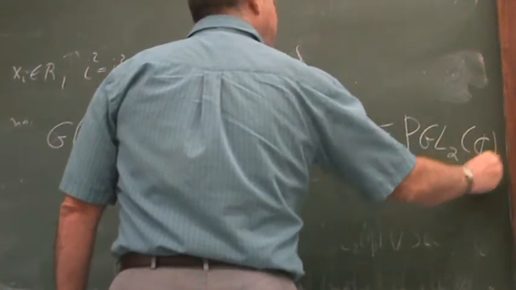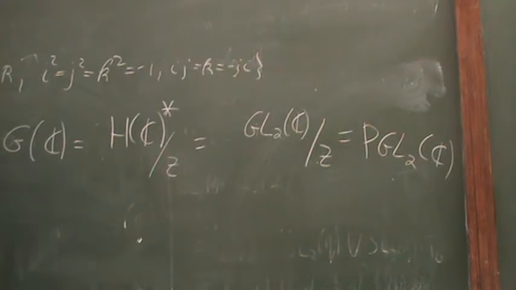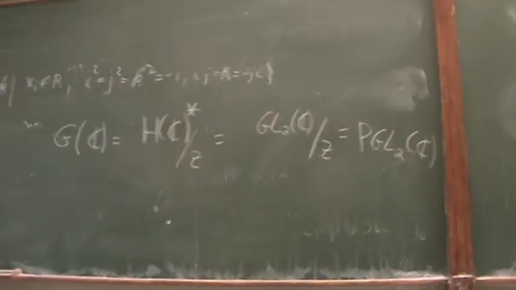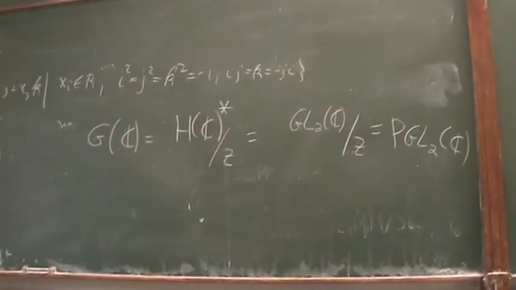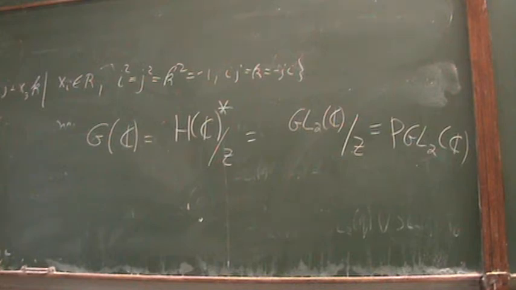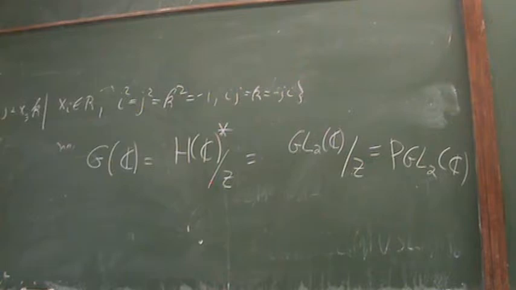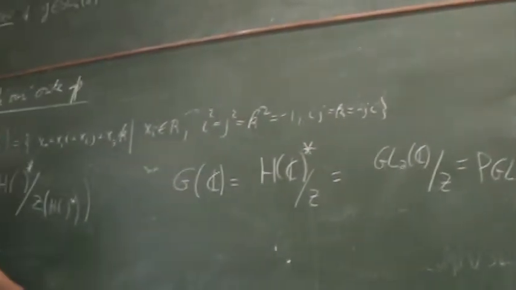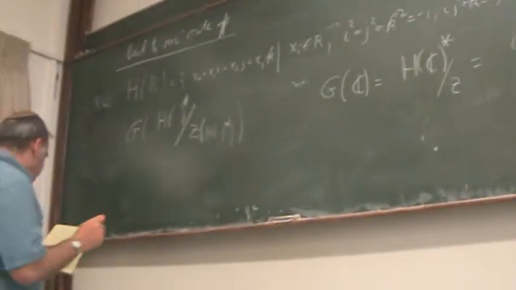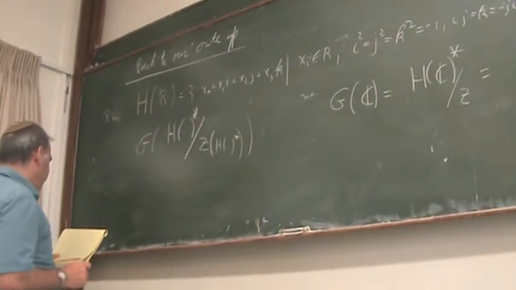So you see that over the algebraically closed field of complex numbers, it really behaves like PGL2. So it won't be so surprising that it behaves like PGL2, and now we want to study it more carefully.